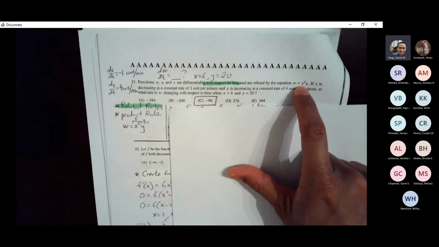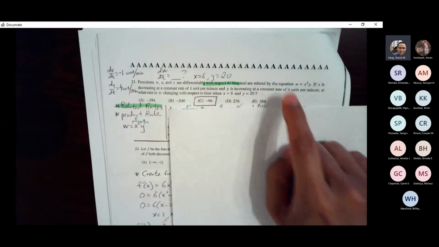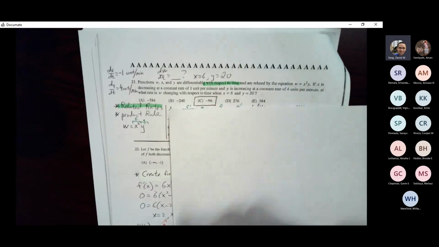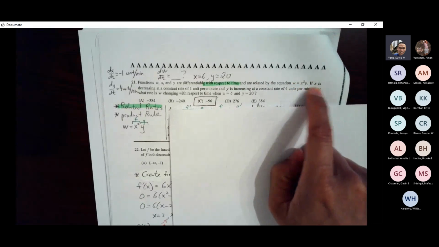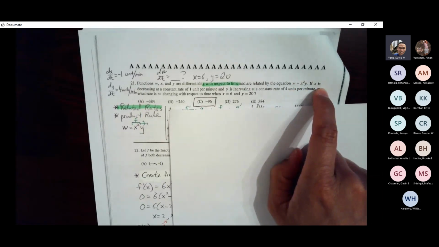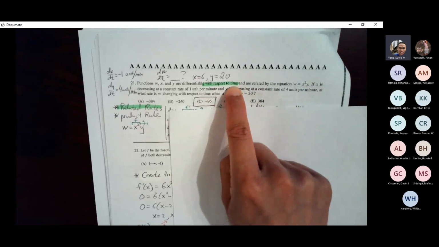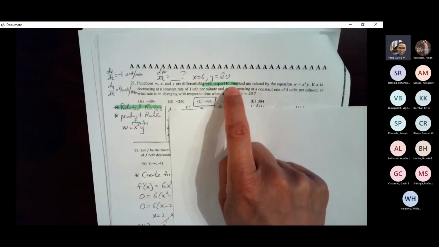It's just that every time we find a variable's derivative, we always have to immediately attach a d over dt for that variable. So here we're going to be expecting a dw dt, dx dt, and dy dt to all show up in our derivative process. Every variable is being impacted by time, so we're going to see d over dt's everywhere.